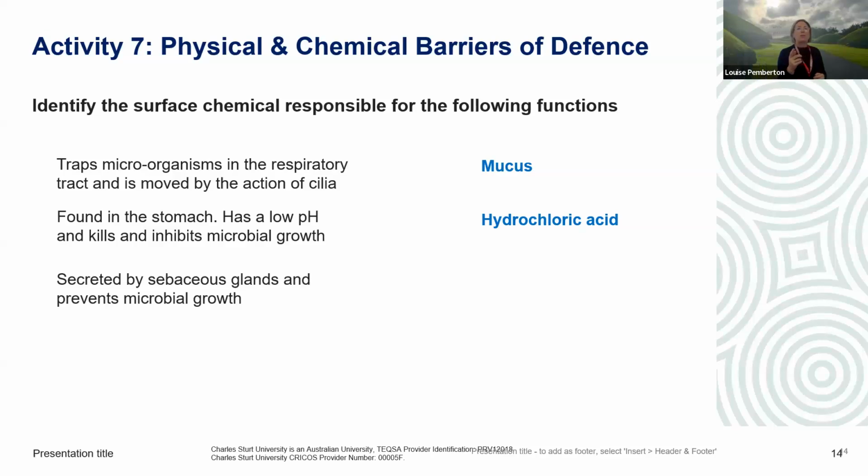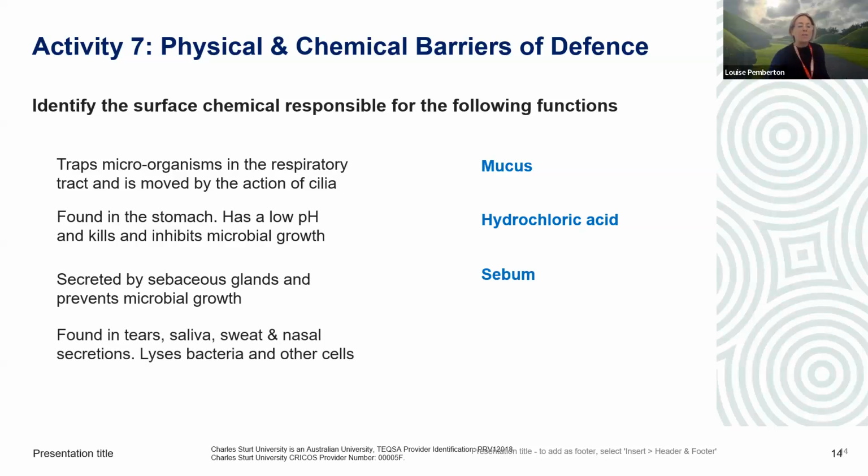No, it's the other one. It does begin with an S. Sebum, yeah. Very good. Found in tears, saliva, sweat, and nasal secretions, and it lyses bacteria and other cells. And it gets its name from lysis. Lysozyme. Don't get your lysosomes and your lysozymes mixed up.